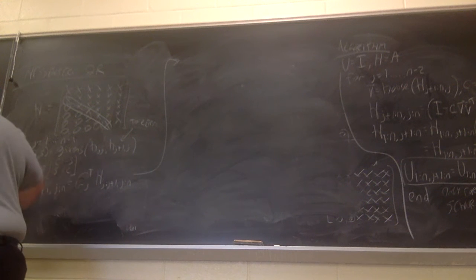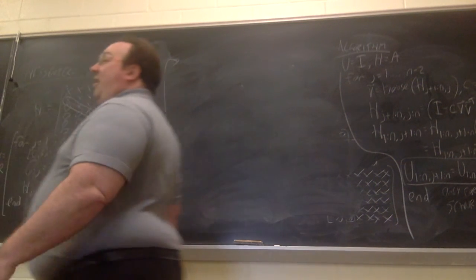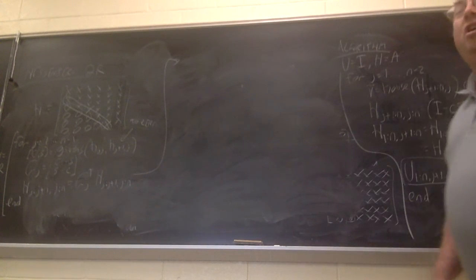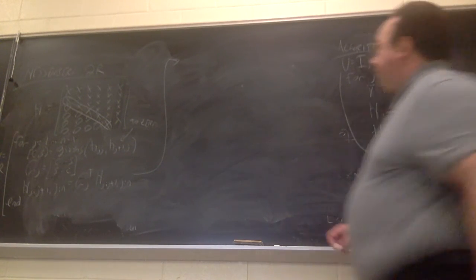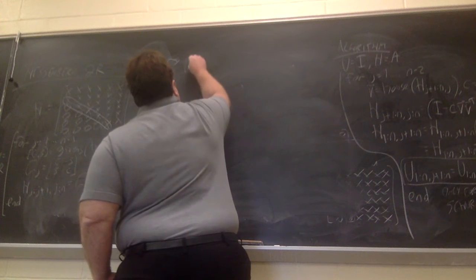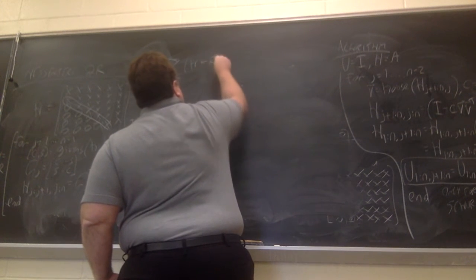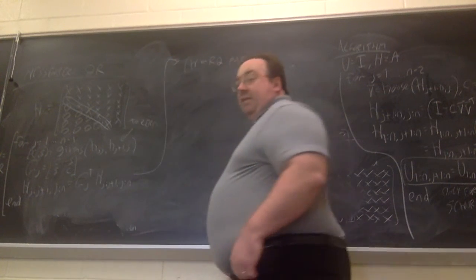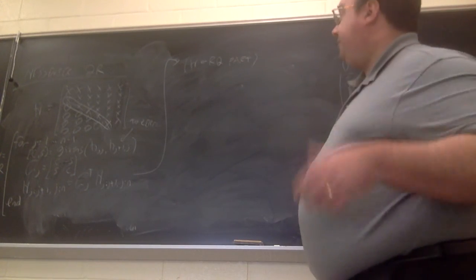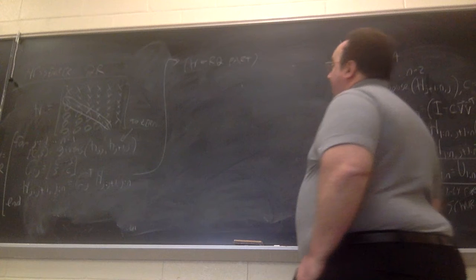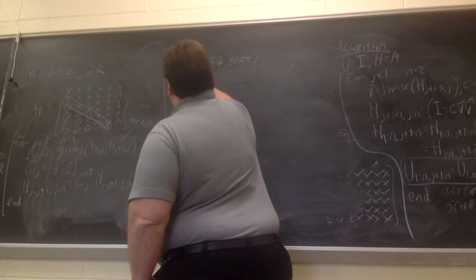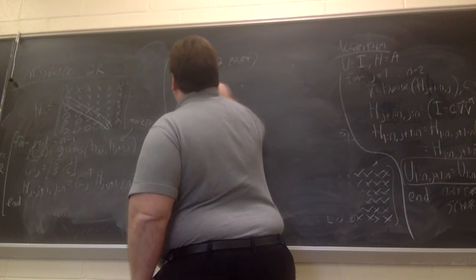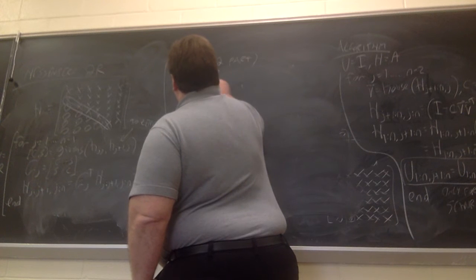So this part is just H equals QR. Now I have to do H equals RQ. That's going to be another loop. So first I'll set Q equal to identity as a starting point. And then I'll have another loop.